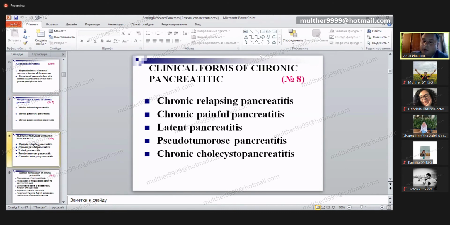Clinical forms of chronic pancreatitis: chronic relapsing pancreatitis, chronic painful pancreatitis, latent pancreatitis, pseudotumorous pancreatitis, and chronic cholecystopancreatitis. Five main clinical forms of chronic pancreatitis.